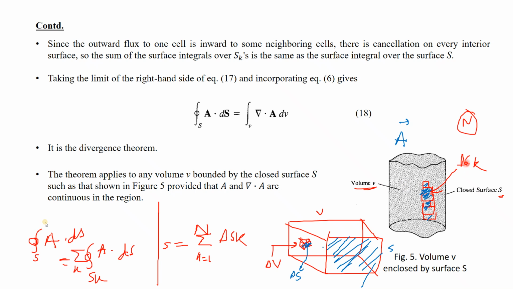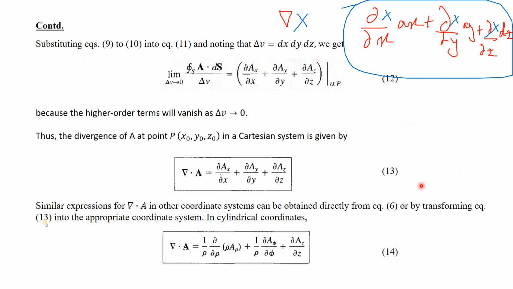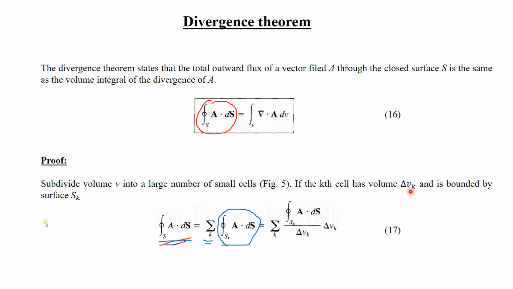So each cell has some area and also some volume. Delta S is the area of the small cell where the total area is S and the total volume is V. That cell which you are taking is three dimensional, so it has a volume of delta V.